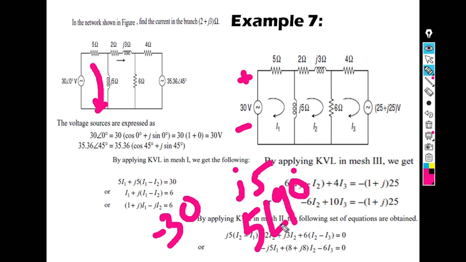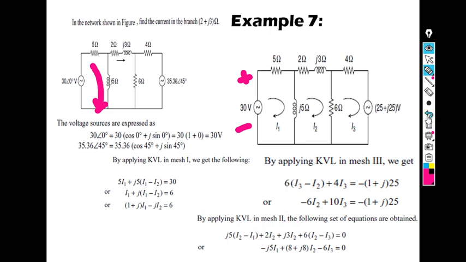So J5 means 5 angle 90 degree. Clear? So it is clear why it is J5.